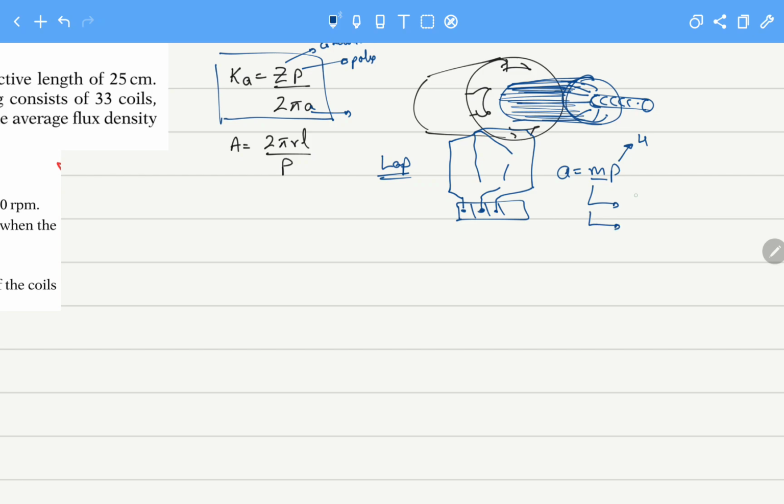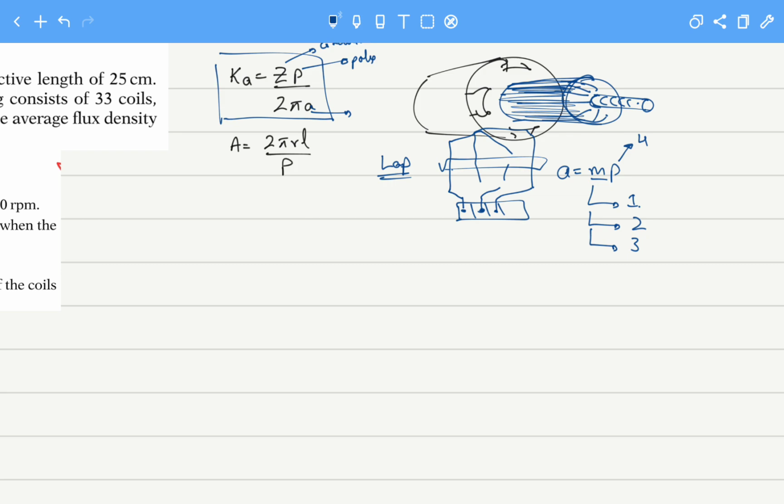If it is simplex winding, m equals 1. If it is duplex winding, m equals 2. If it is triplex winding, m equals 3. This determines how many overlaps exist at one time for one pole. So to calculate the machine constant, A equals mP.